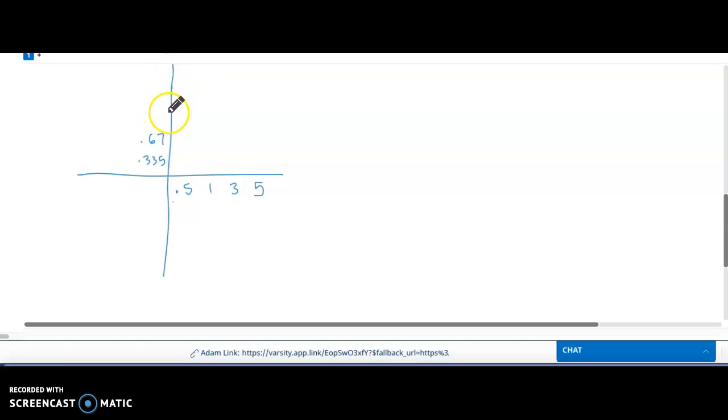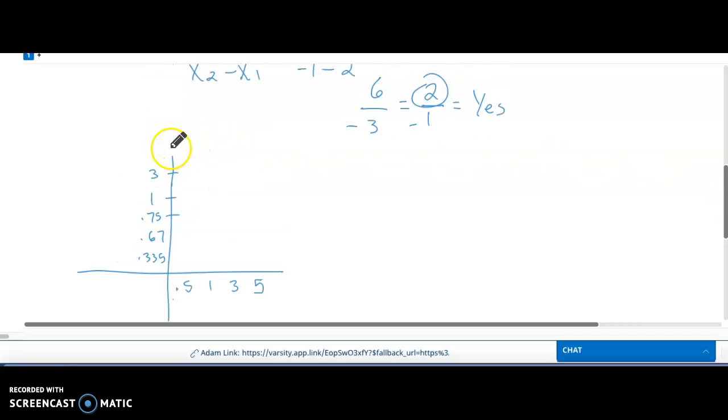Let's say that this is, let this one be 0.75, and then 1, and then this one here, I'm going to make it 3, and then 5. Technically 3 would kind of be up here.